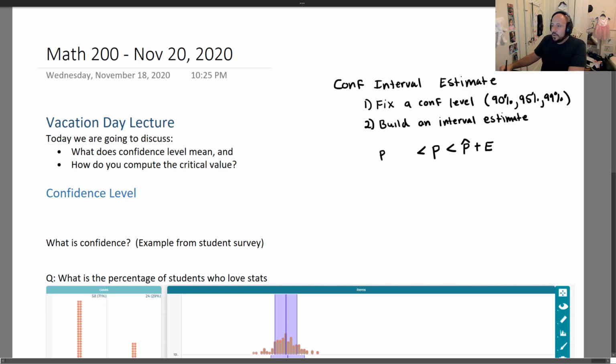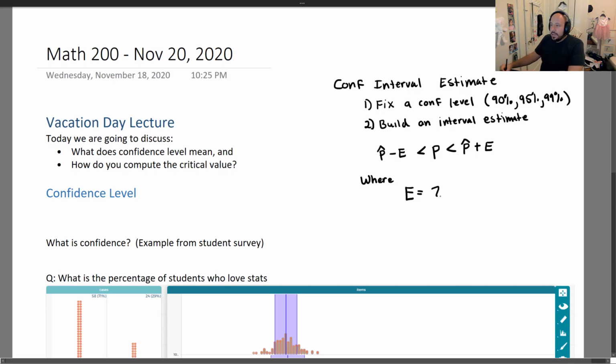And we set the lower value to be that same sample percentage minus the margin of error. The idea is that we compute the margin of error to be the smallest it possibly can be and still reach the confidence level that we set for ourselves in the beginning.